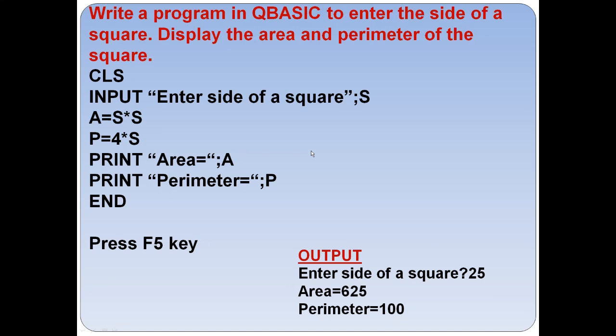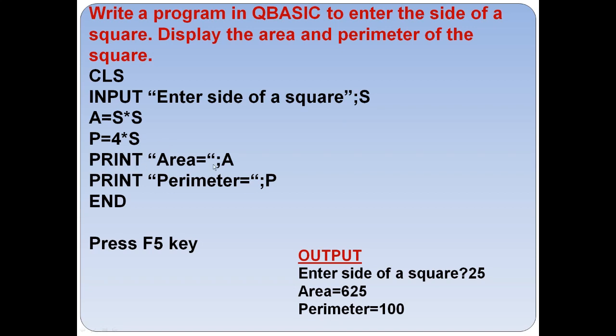Now in the same way here we will find the area and perimeter of a square, and we will enter the side only. CLS, input, enter side of a square. This is S. Now area is equal to S multiply S, side multiply side, and perimeter is equal to 4 multiply side, and the side variable is S, so we will write S here.